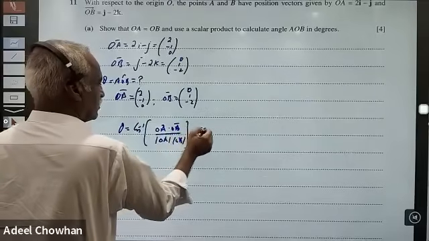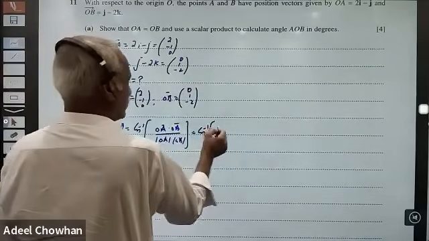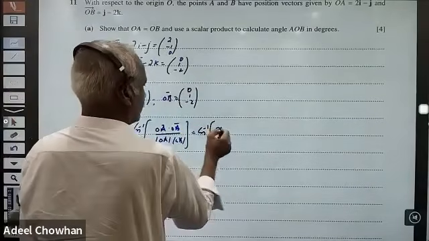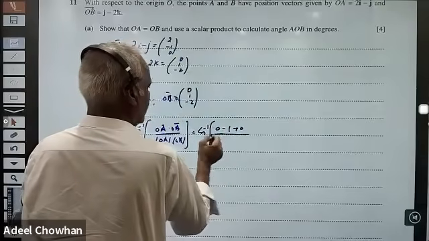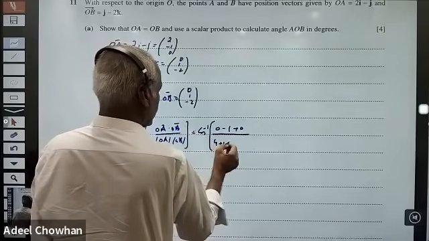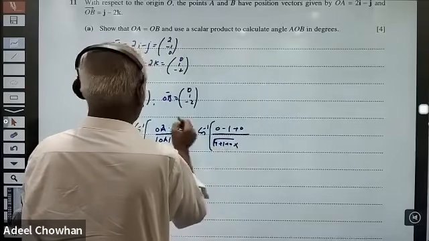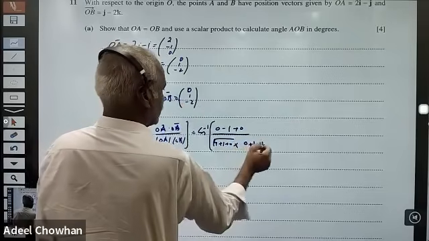That is equal to cos inverse of, so 2 into 0 is 0, plus minus 1 into 1 is minus 1, plus 0 into this is 0, divided by square root of 4 plus 1 plus 0, into square root of 0 plus 1 plus 4.